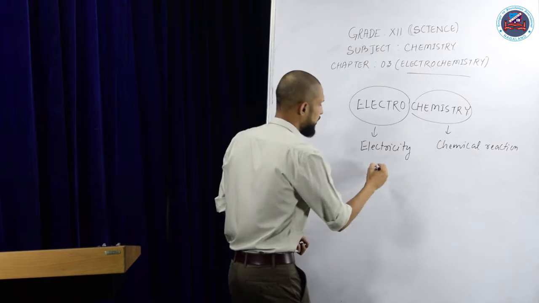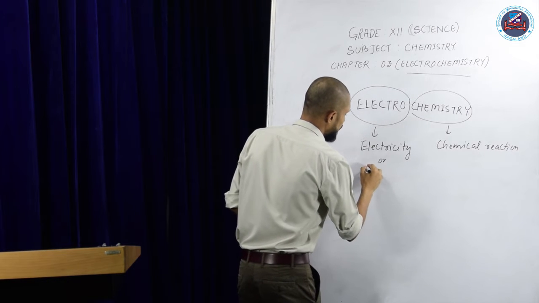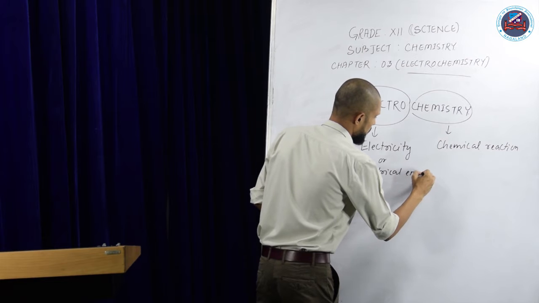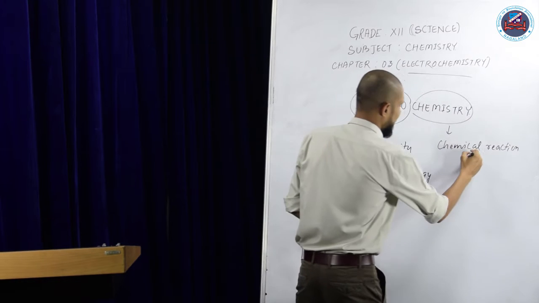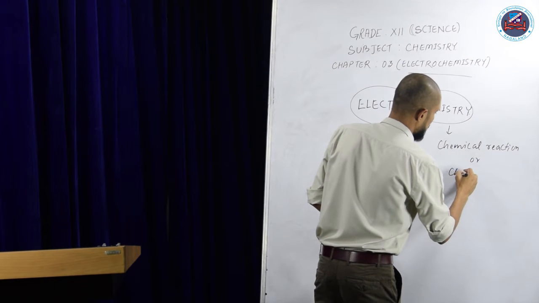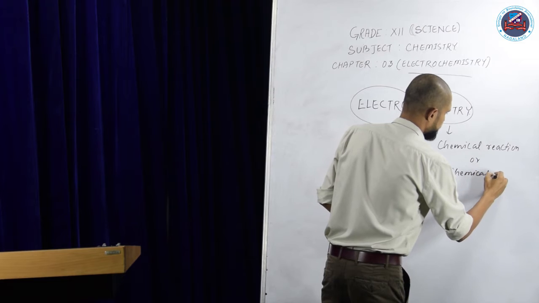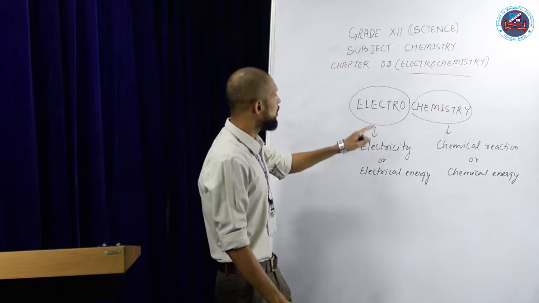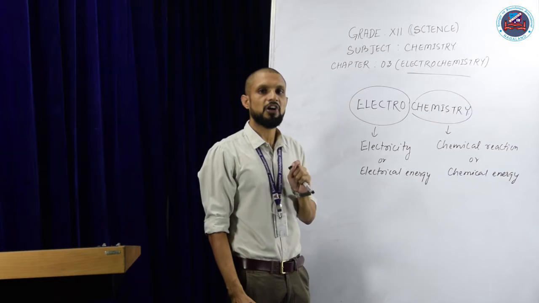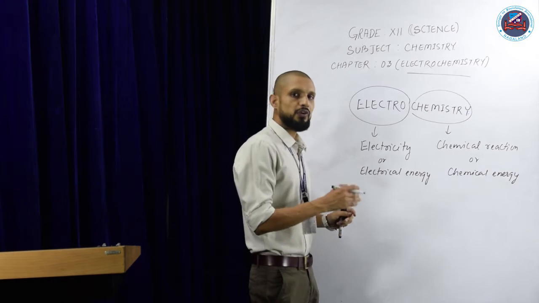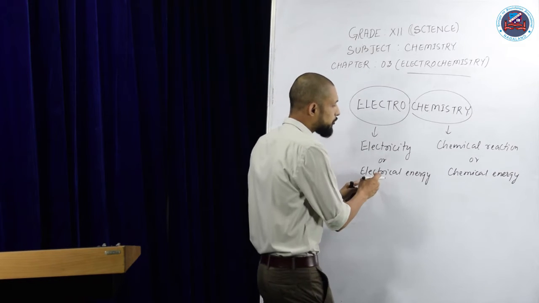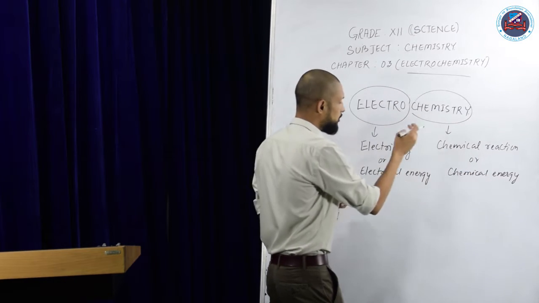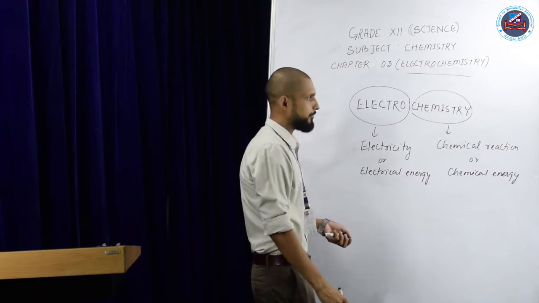Or we can also say electrical energy and chemical energy. So, electrochemistry is the branch of chemistry where we study the conversion of electrical energy into chemical energy or chemical energy into electrical energy.